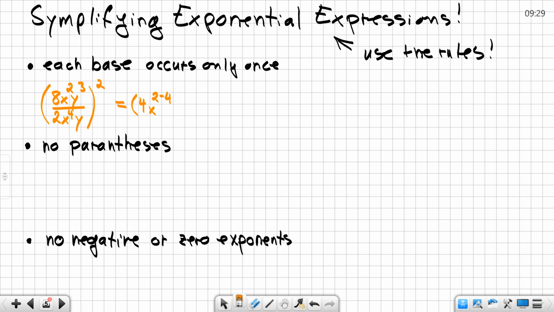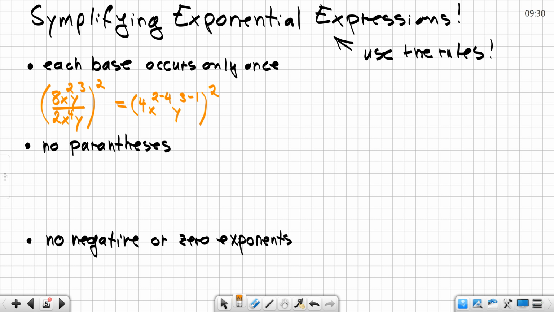That means top minus bottom, 2 minus 4. And y has the same thing happening. There's a y in the top and in the bottom. So I have y raised to the 3 minus 1, raised to the second power.